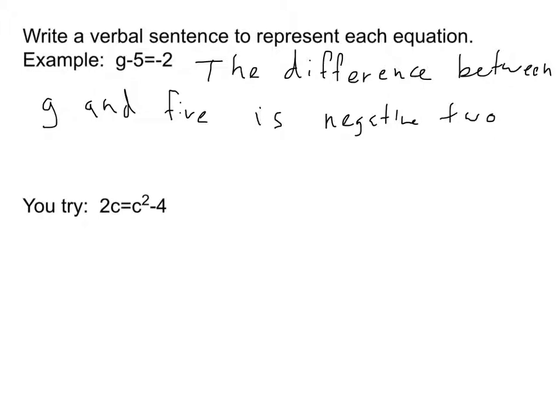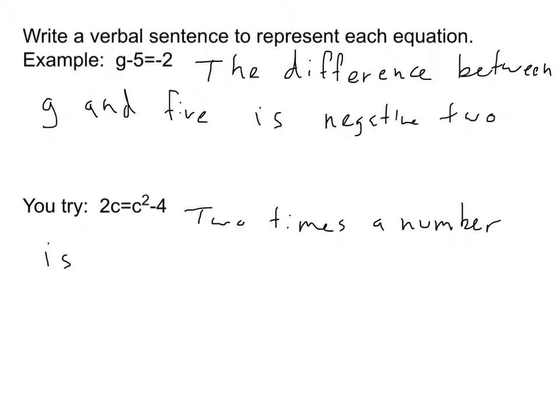I would say 2 times a number is the same as, or is equal to, probably not as equal to, because we don't want to just read the sentence, but then we do the difference between the same number, the square of the same number, and 4.